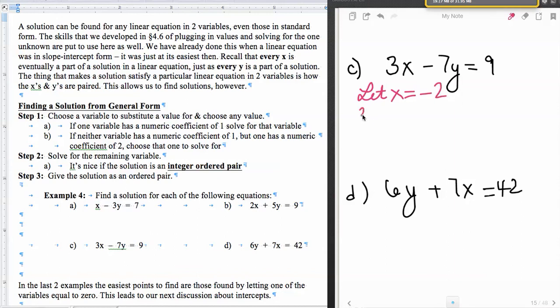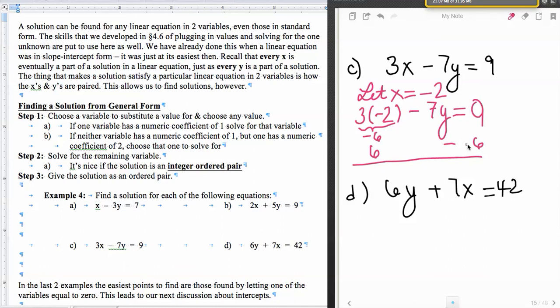So 3 times negative 2 minus 7y is equal to 9. And then we are solving for y this time around. So we're going to simplify this. 3 times a negative 2, which is a negative 6, and that minus 7y is equal to 9. So we're going to add the opposite of 6 to both sides, right? Adding 6 to both sides.